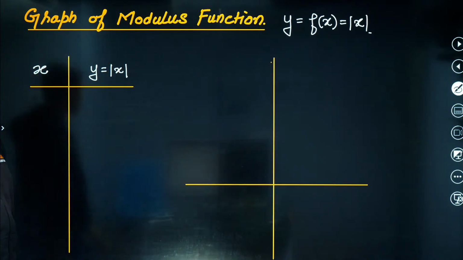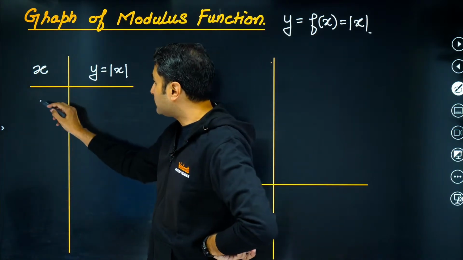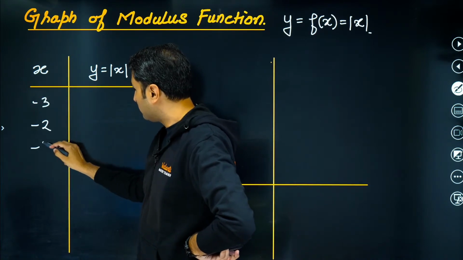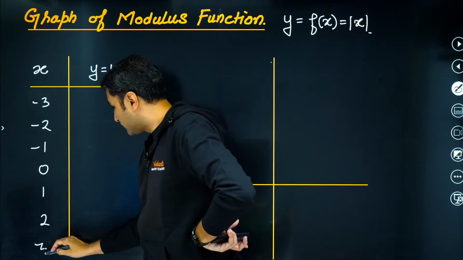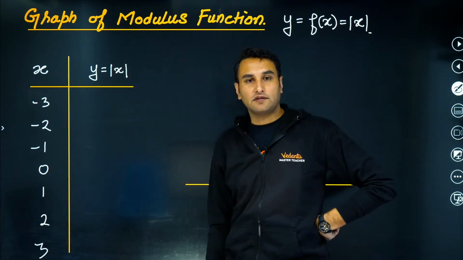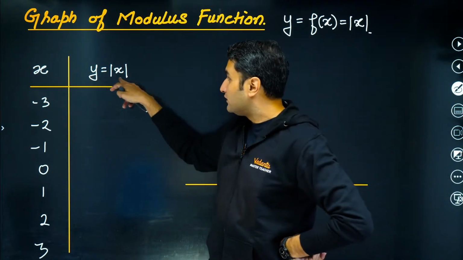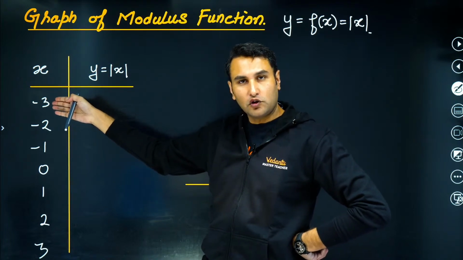So x equal to, let's start with say minus 3, minus 2, minus 1, 0, 1, 2, 3. These are the inputs. These are the values of x. All of you know the output. What is the output? y equal to mod x.